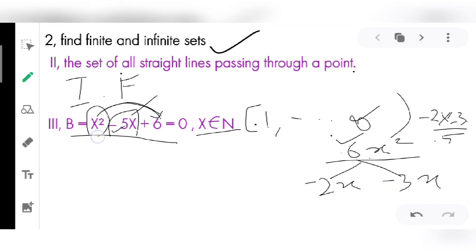Okay. In this equation, x square is divided by x for 2x, and 3x is also divided by x.